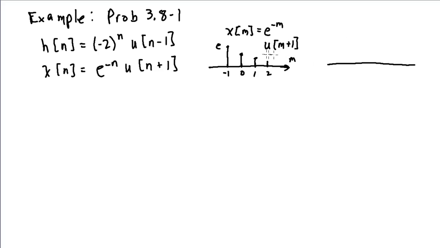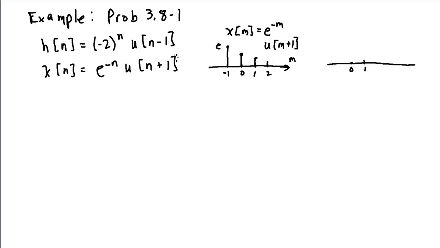Now, it involves a unit step that's shifted to the right, whereas x of n involved the unit step that was shifted to the left. So the first non-zero term here will actually be at n equal to 1. It's 0 at n equal to 0, or again, I'll do this in terms of m.